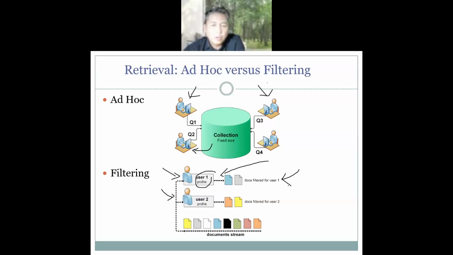But if you are more of a technical person, especially in AI, they will give you more documents that are closely similar to technical documents, especially in AI. Okay. So for filtering, they use the profile of the user. Ad hoc means that they will not care about your background. They will just give you whatever documents are relevant to your query. Okay.